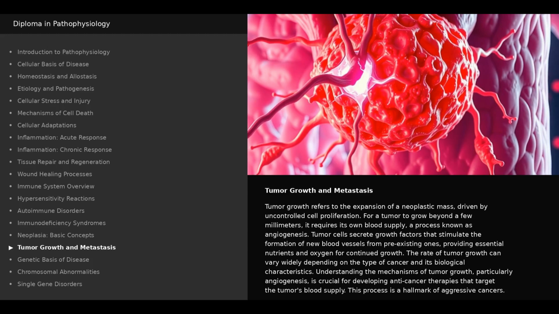The rate of tumor growth can vary widely depending on the type of cancer and its biological characteristics. Understanding the mechanisms of tumor growth, particularly angiogenesis, is crucial for developing anti-cancer therapies that target the tumor's blood supply. This process is a hallmark of aggressive cancers.